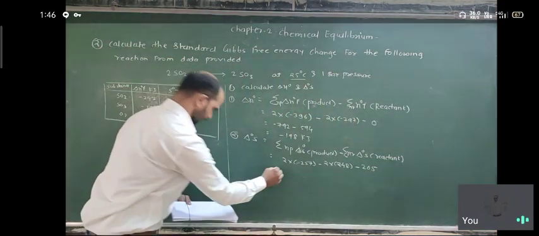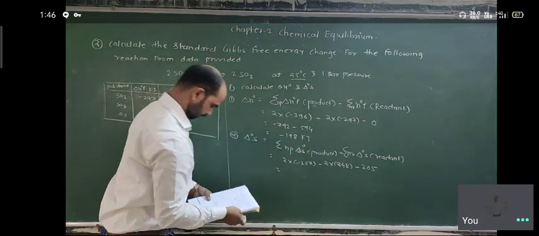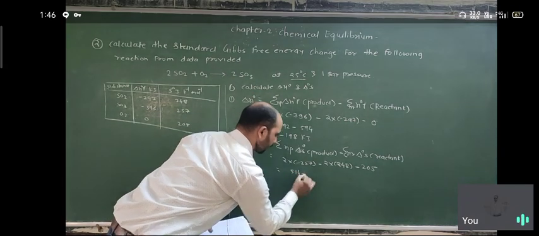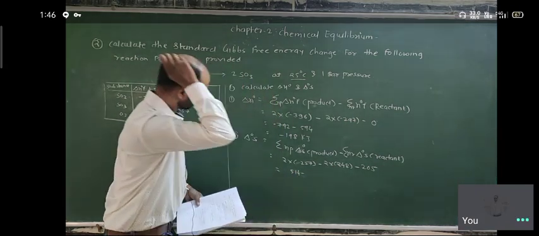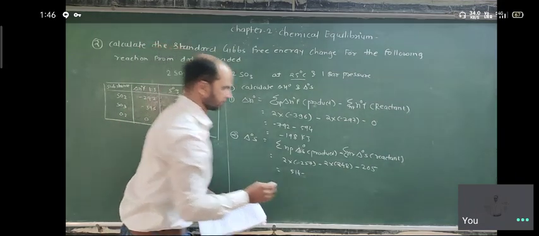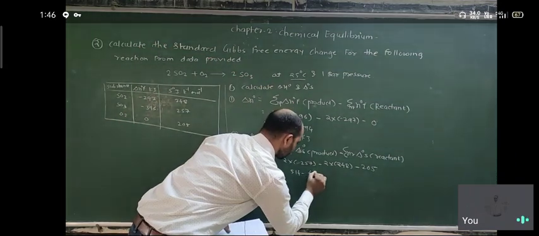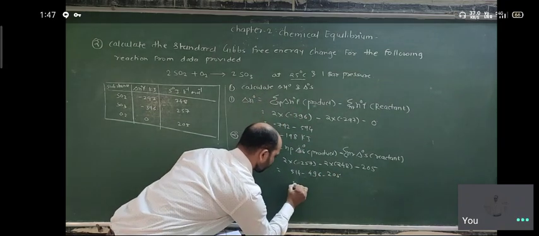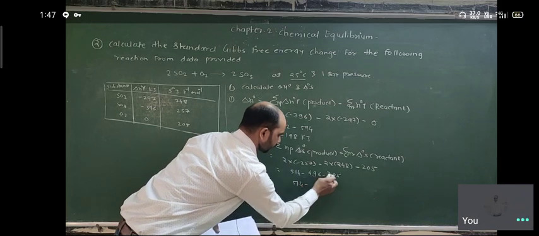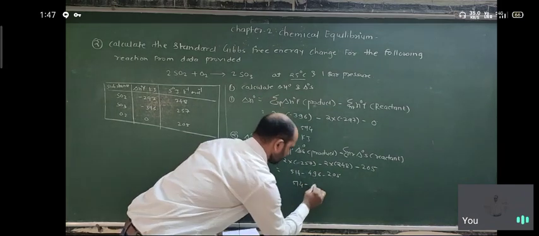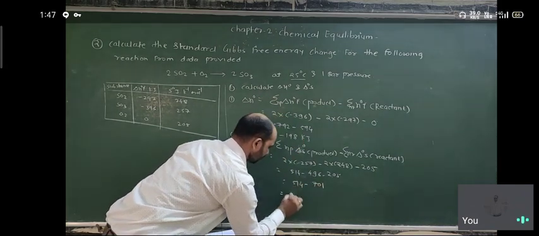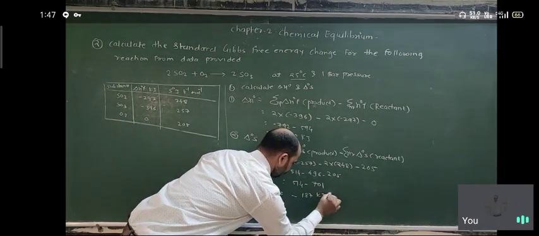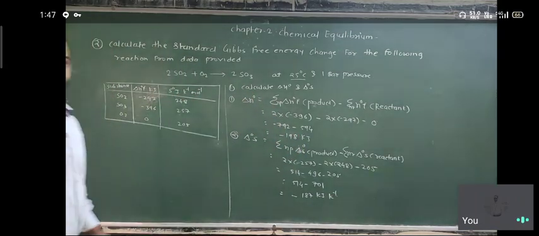So the answer is 514 minus 496 minus 205. This minus minus we add together, so we get 701. That means it is minus 187 joule per Kelvin.